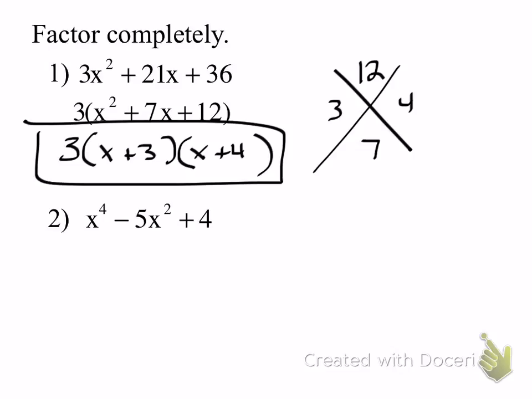Yes, John? Wouldn't you have to put the 3 in both of the parentheses? Nope, it's not plus. It's all one term. It's a number times a number times a number. Absolutely not. If, let's say, I have a 12 and I break it down into 2 and 6, I can say 2 times 3 times 2.